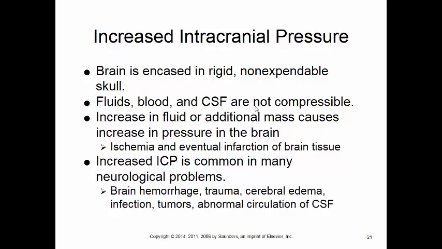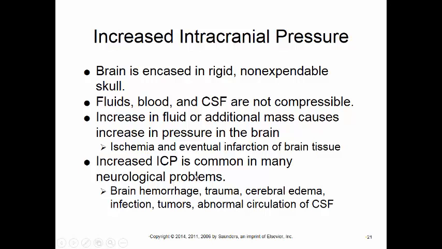The heart pumps blood up, and if it's pumping against that high pressure in the brain, less blood flow is going to be able to go through and lead to ischemia and eventually infarction. And it kind of goes down a slippery slope as compensation mechanisms are put in place. So the pressure goes up, and then the heart beats faster, and the pressure keeps going up.